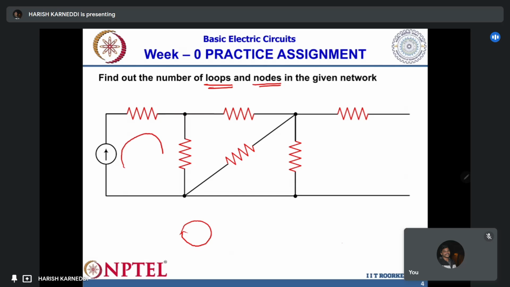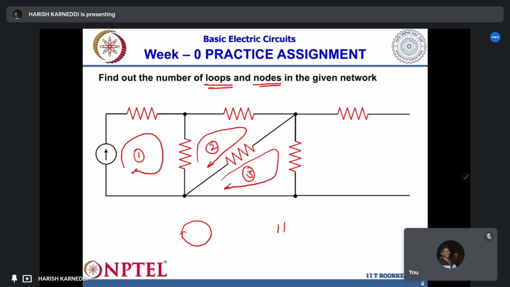This is one closed path, this is one more closed path, and this is one other closed path. These are the primary loops, which are not repeating any conduction path. So this is one loop, this is one more loop, and this is one more loop.